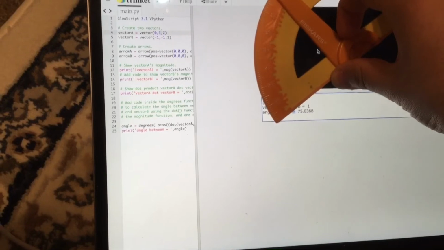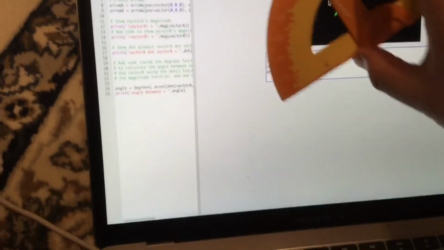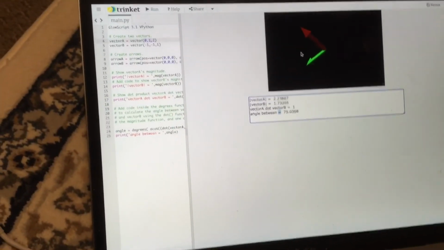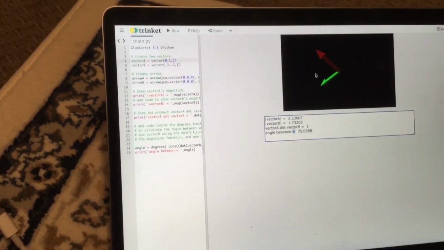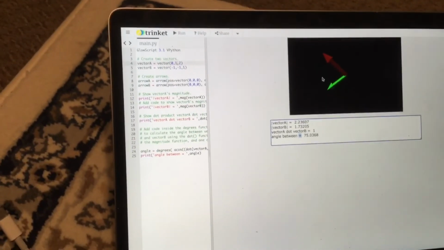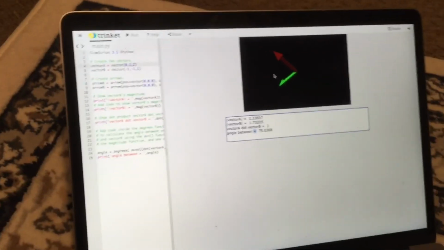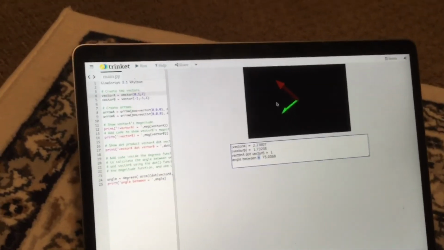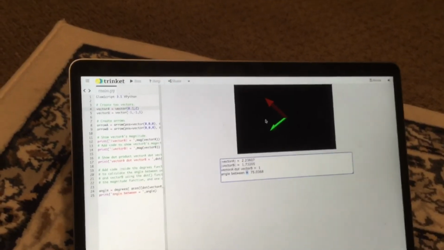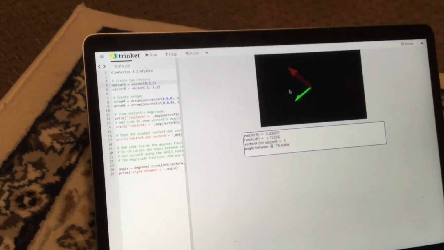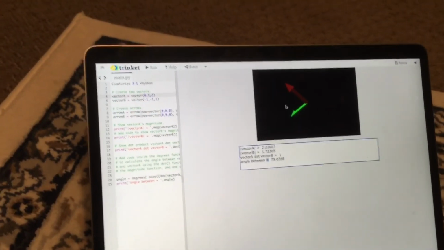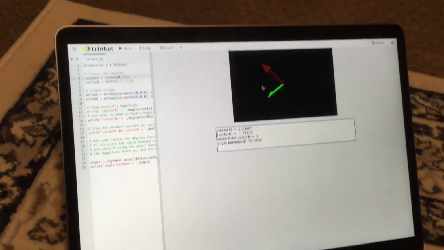And absolutely yes, I get a 75 degree angle, which means this is correct, and this is the acute angle. This is how we get it: acute angle, positive; opposite, obtuse, negative; and right angle, 0. So that's how it changes. Hopefully you enjoyed something new, and I'll see you in the next videos.